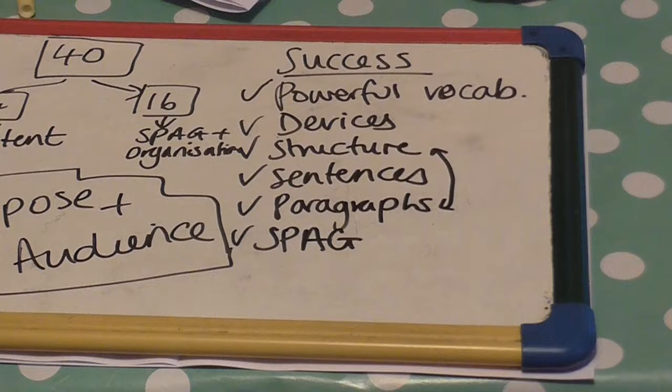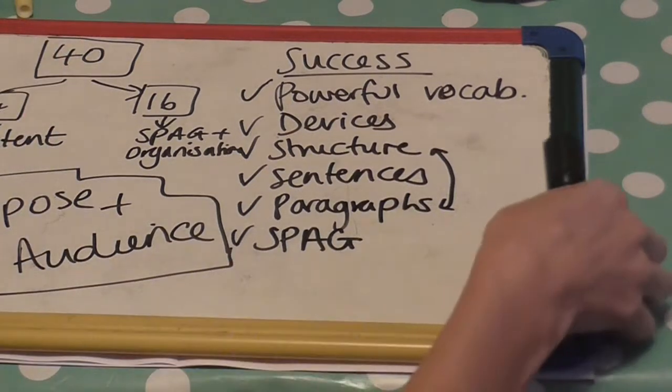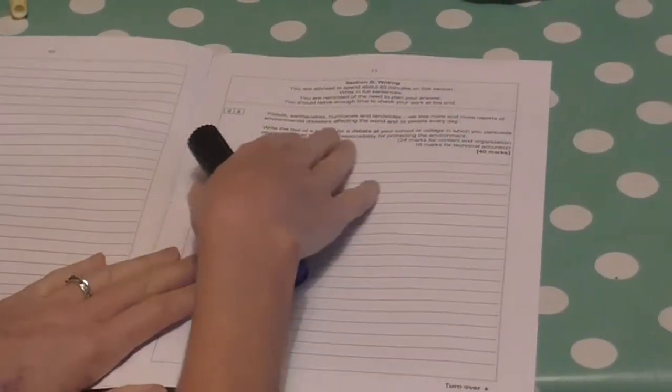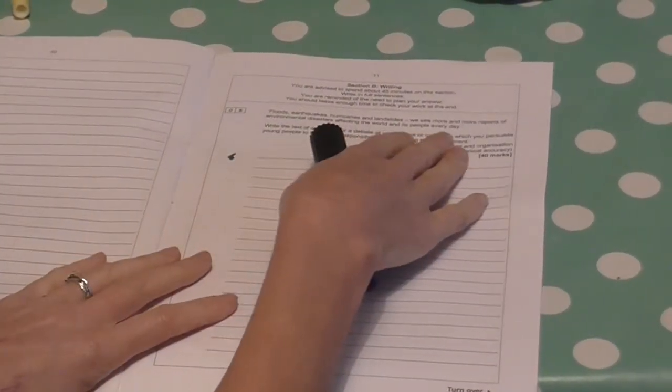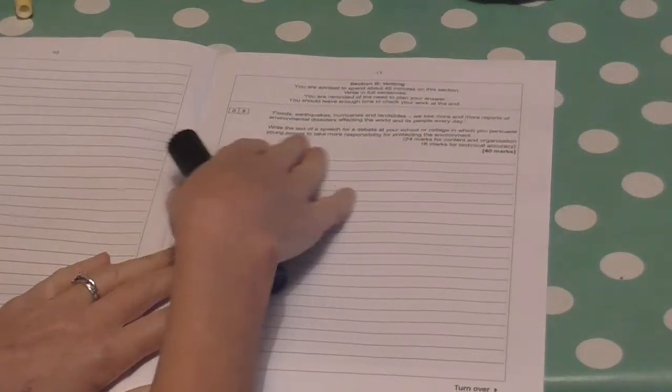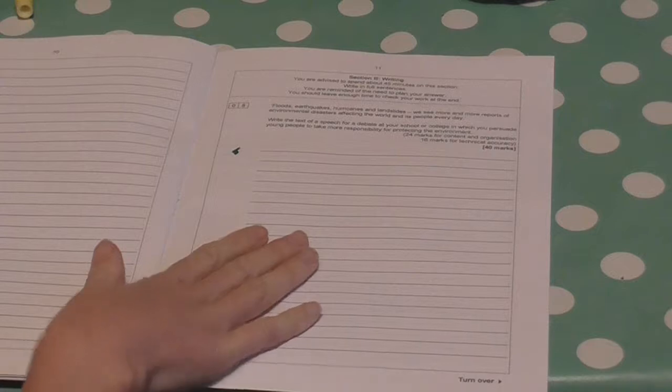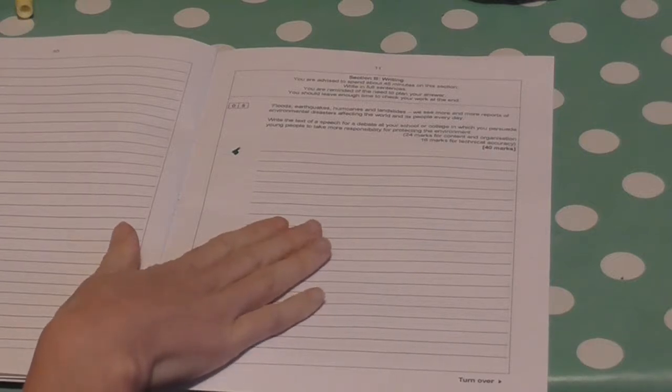So when you're addressing somebody, for example, in this answer, it's asking you to write the text of a speech for a debate at your school or college in which you persuade young people to take more responsibility. You can be a young person or you can be an older teen.